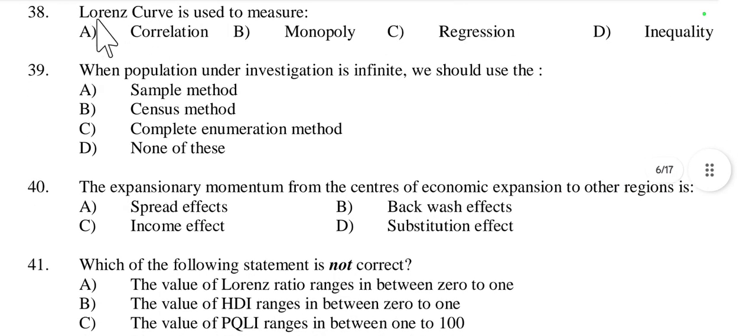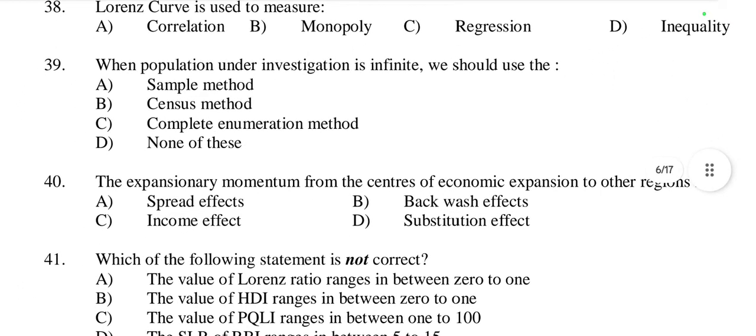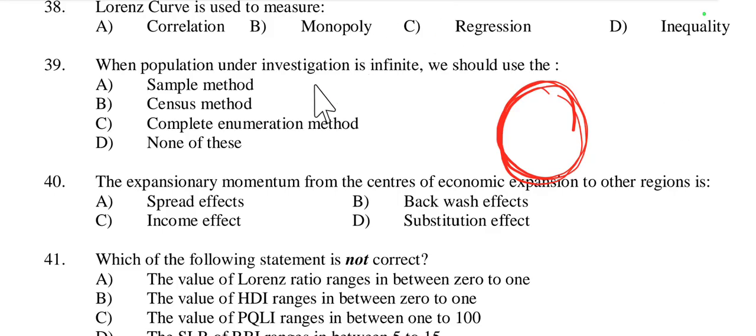Then question number 39: when the population under investigation is infinite, we should use the sample method, census method, complete enumeration, or none of these. If the size of the population is infinite, we do not use the census method.